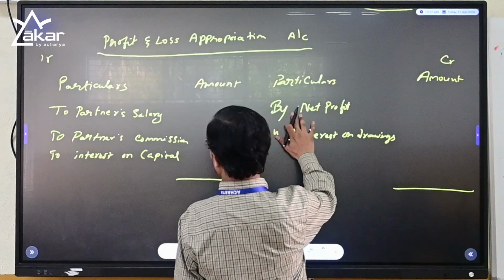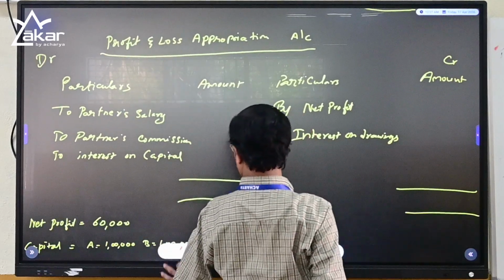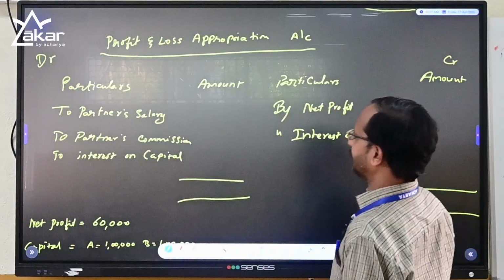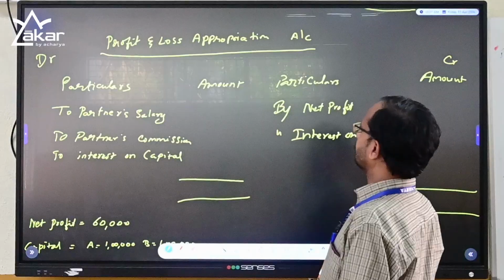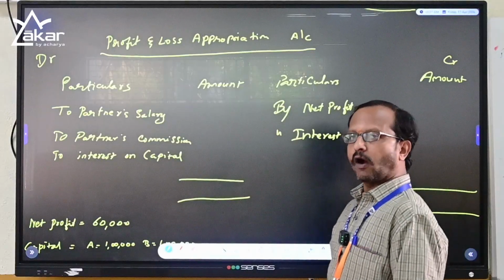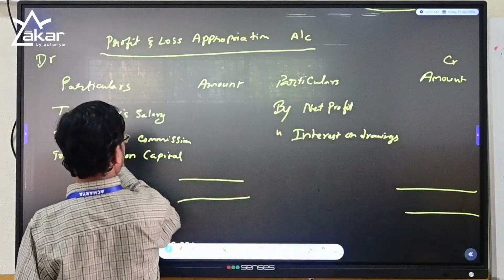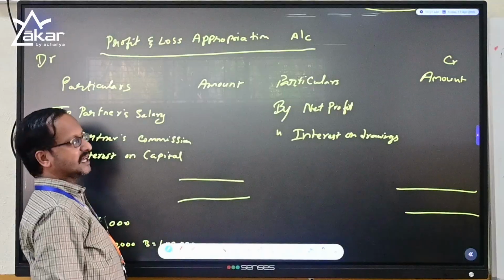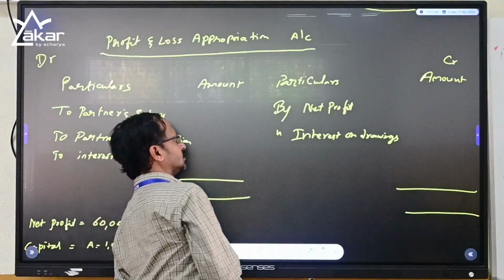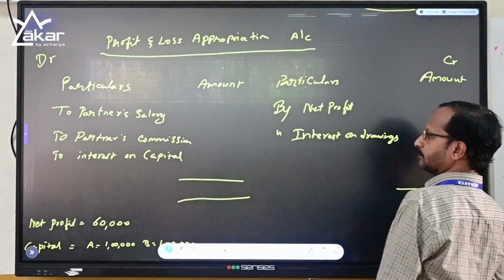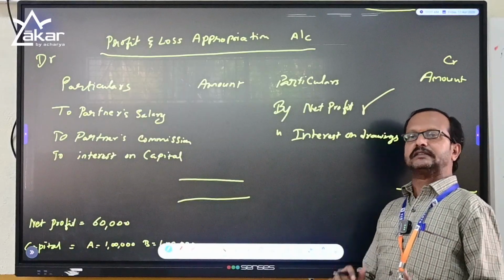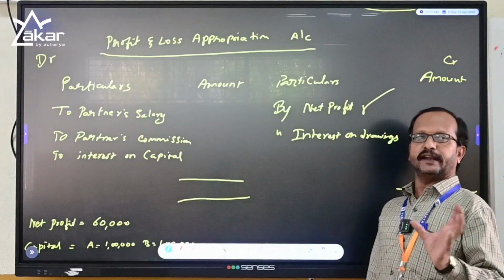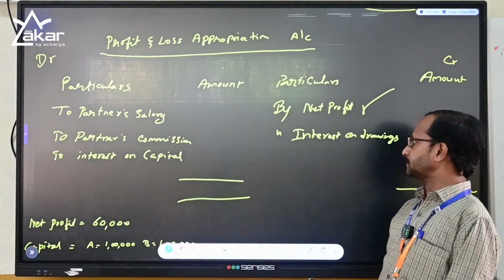Let us go with the partners' P&L appropriation account. The format is very clear. It's a profit and loss account format. Particulars, amount. All the expenses will be recorded on the debit side and all the incomes on the credit side, which starts with the net profit earned from the profit and loss account. This net profit is nothing but the accumulation made from the trading and profit and loss account of your firm.